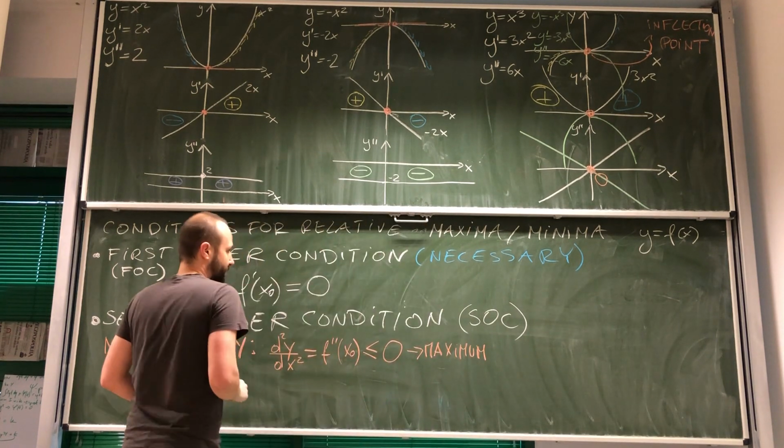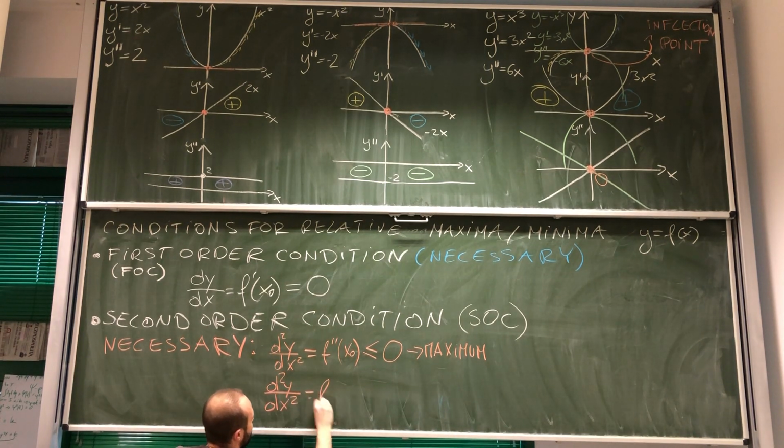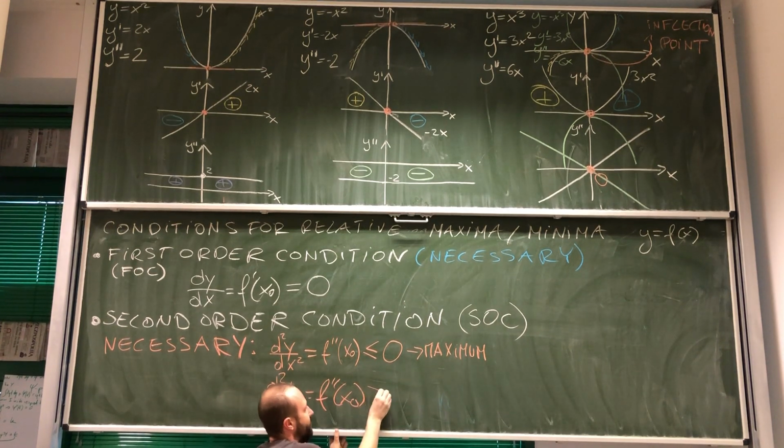But if the second derivative is bigger or equal to 0, we've got a minimum.